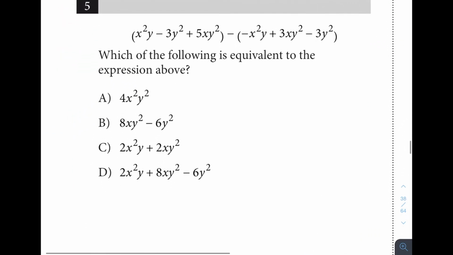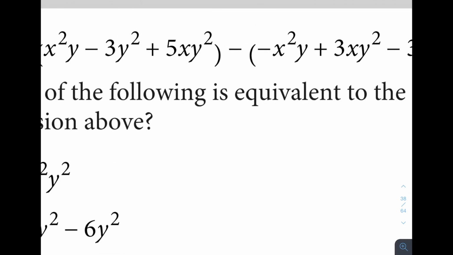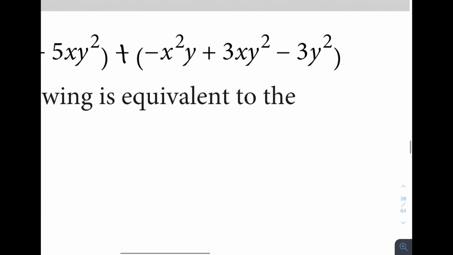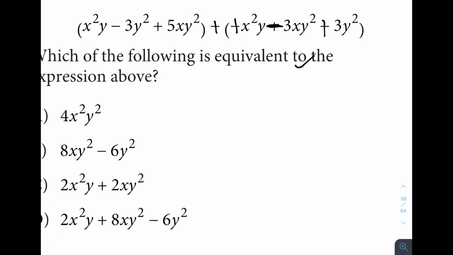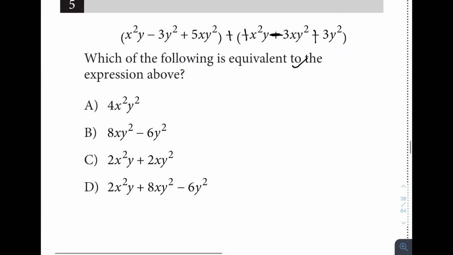This question, which of the following is equivalent to the expression above? So to make it easier, this is what I like to do. Just change this to a plus, and then you can reverse the signs. Plus, minus, plus. That makes them easier to add.